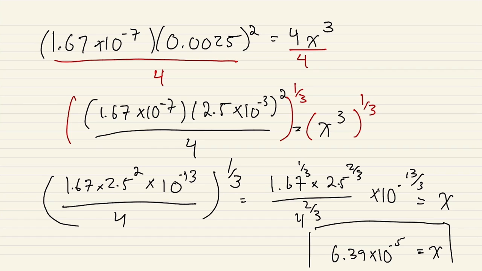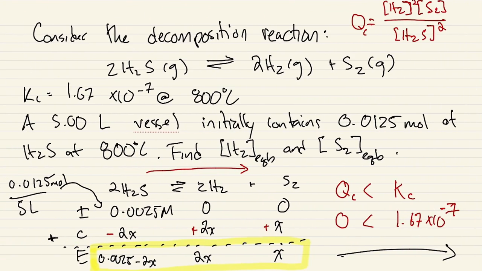So this is what we would get for x, which is equal to our hydrogen sulfide concentration. And then we would just multiply this by 2 to get our concentration for hydrogen gas, right? Because hydrogen gas was just equal to 2 times x, right? So x was equal to S2, and 2 times x was equal to the hydrogen concentration.